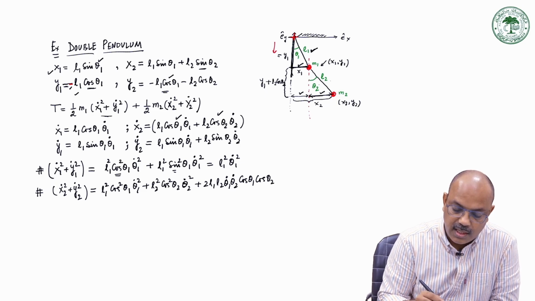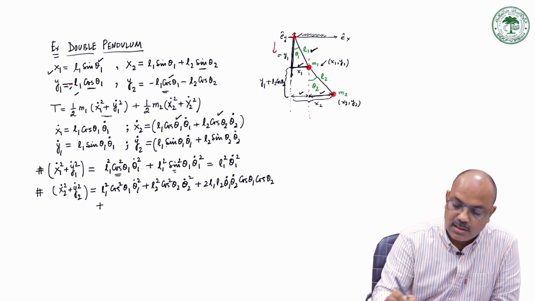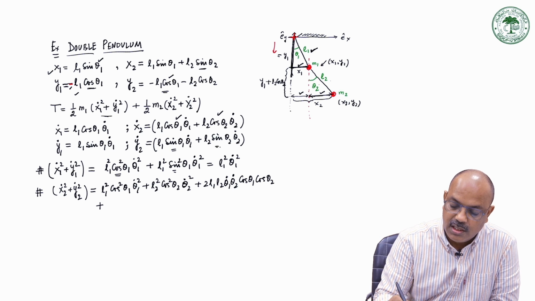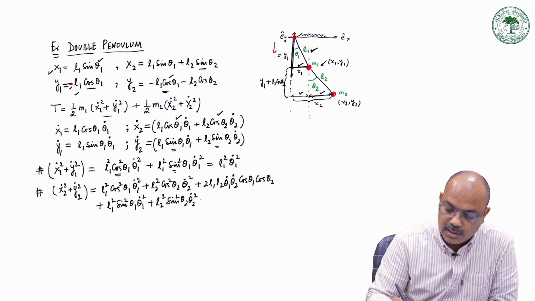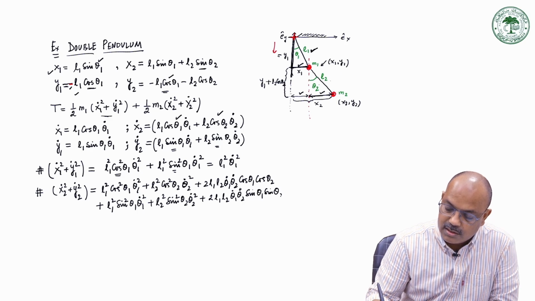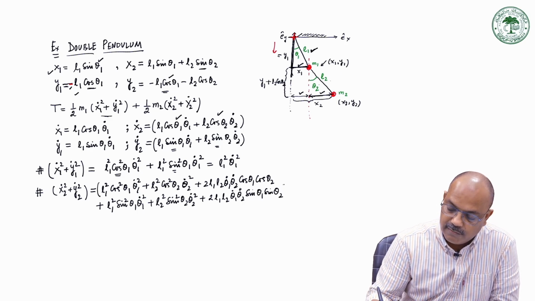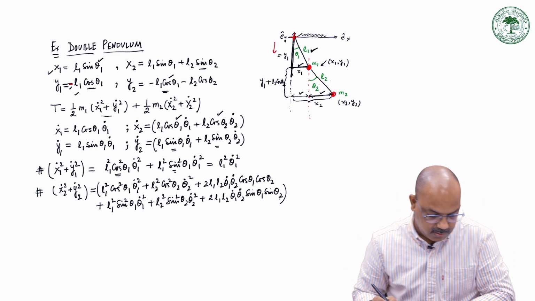Okay, and plus the whole square of this thing, so this is L1 square sine square theta 1 dot square, plus L2 square sine square theta 2 dot square, and then you have twice L1 L2 theta 1 dot theta 2 dot sine theta 1 and sine theta 2. So this you have x dot square plus y dot square.